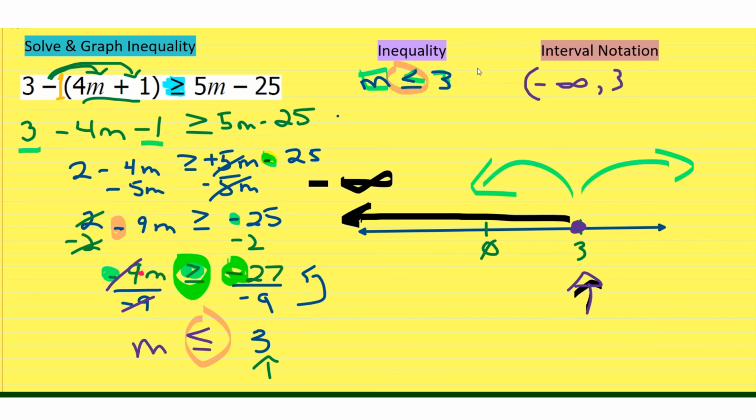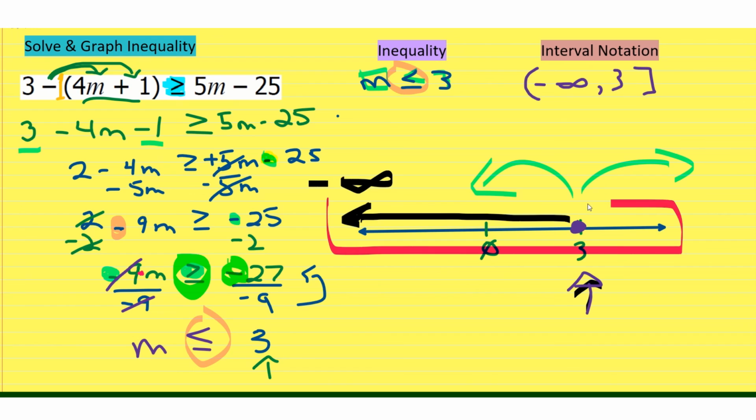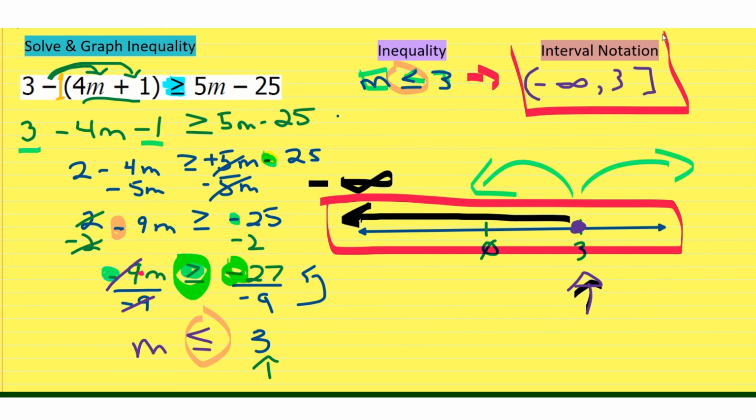So when it's equal to it, I call this a hard box. The hard box means that it can be actually equal to the 3. So that is how we demonstrate our graph right here. And this is how we demonstrate our inequality in interval notation.